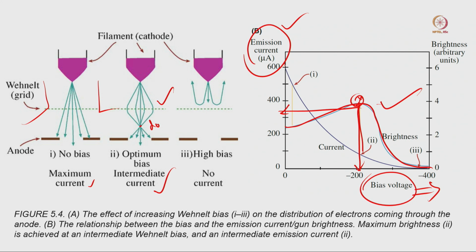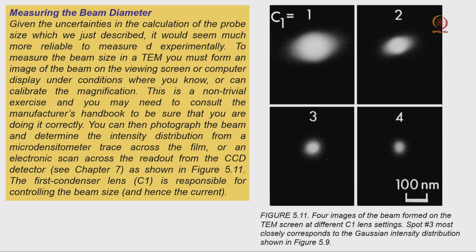Where your emission current decreases because you have the bias voltage, your brightness is going to increase, and that is the reason we always try to follow this condition, to get an optimum brightness.